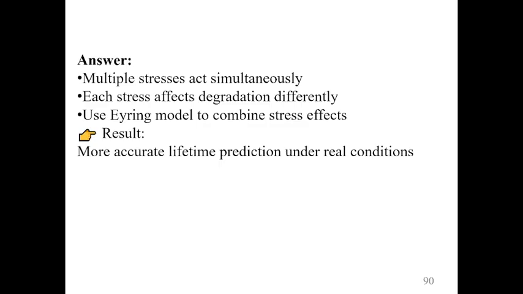So the Eyring model extends the Arrhenius concept by incorporating multiple stress variables into a unified model. This allows you to more accurately predict system reliability under realistic operating conditions, especially in harsh environments such as outdoor or industrial applications.